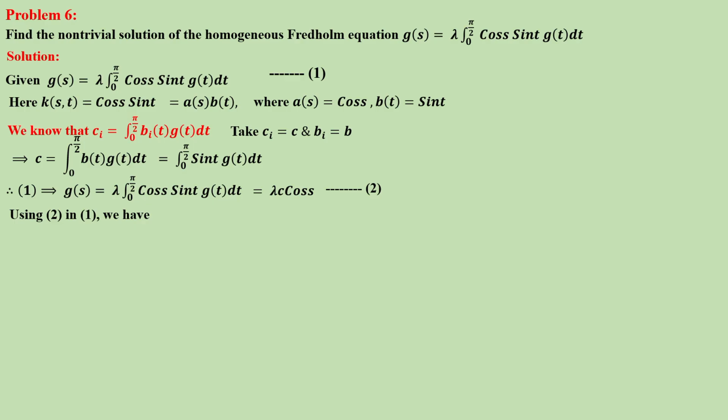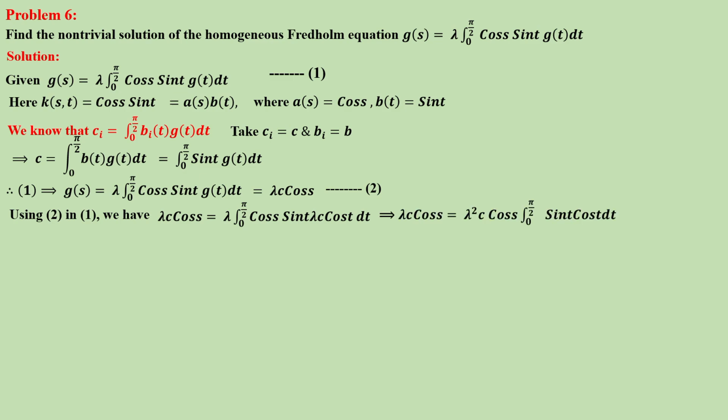So using 2 in 1, the left hand side of equation 1 becomes λ c cos s, because g(s) = λ c cos s. So g(t), replacing s by t, is λ c cos t. Substituting on the right hand side, because g(t) is inside the integral: λ ∫ from 0 to π/2 of cos s sin t λ c cos t dt.